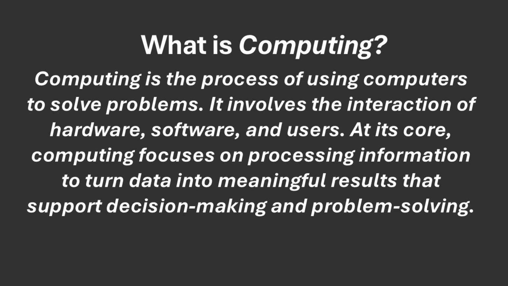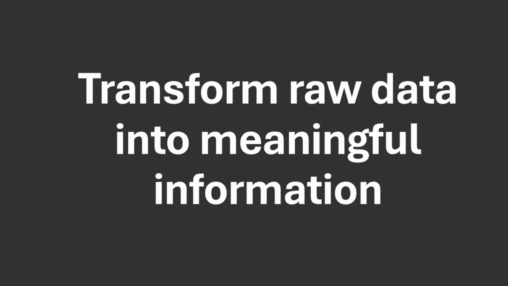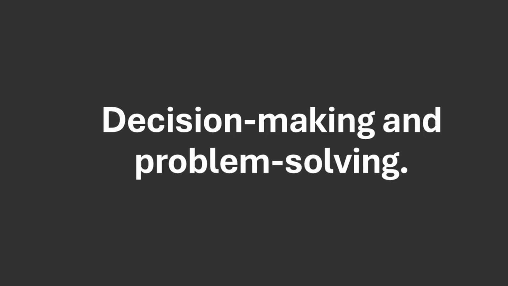It involves the interaction of hardware, software, and users. At its core, computing focuses on processing information to turn data into meaningful results that support decision-making and problem-solving. The primary goal of computing is to transform raw data into meaningful information that can be used for decision-making and problem-solving.